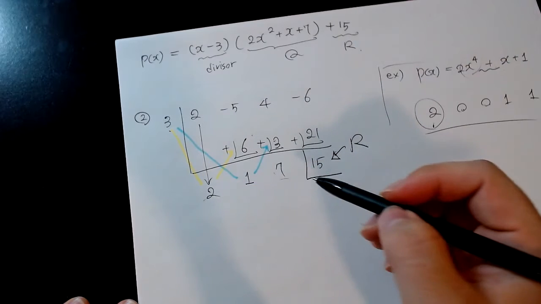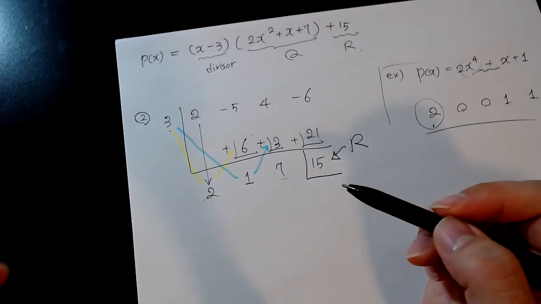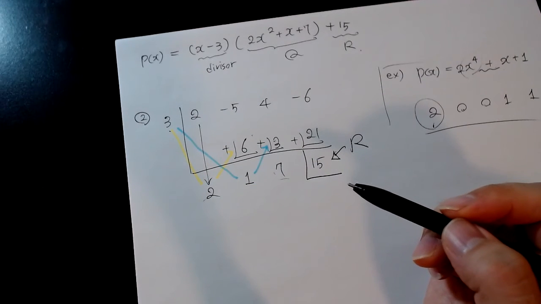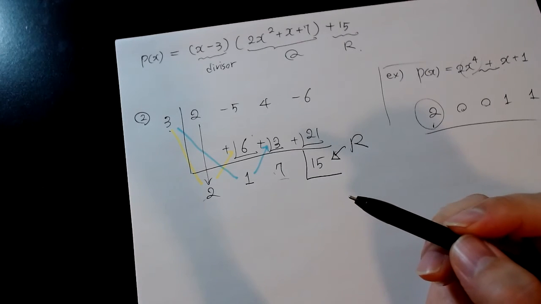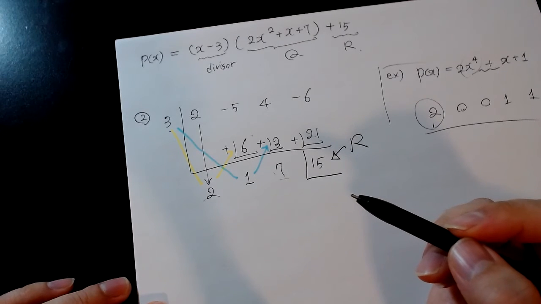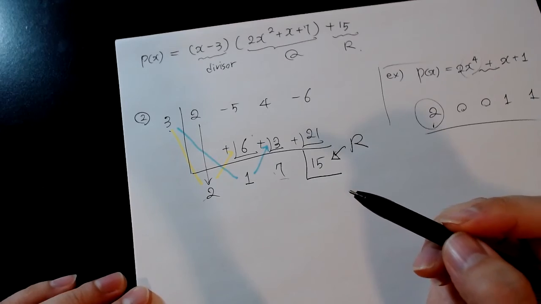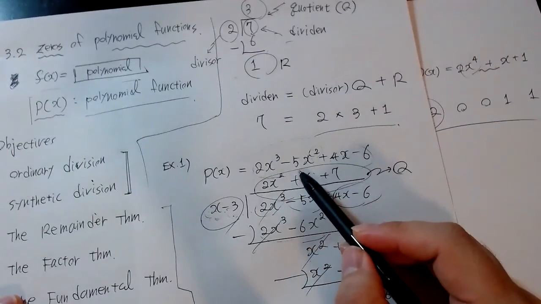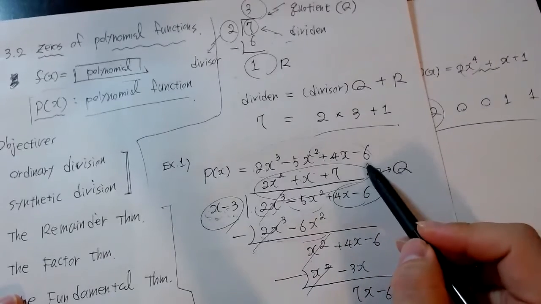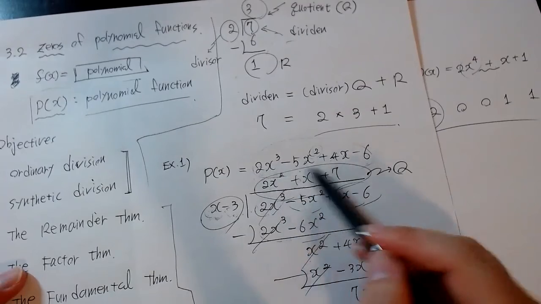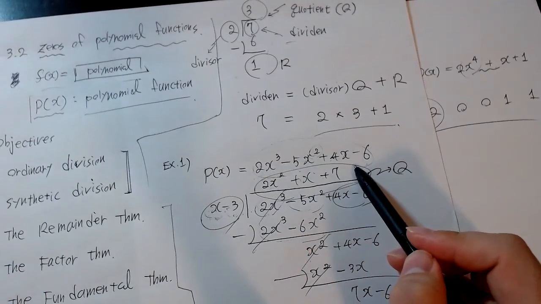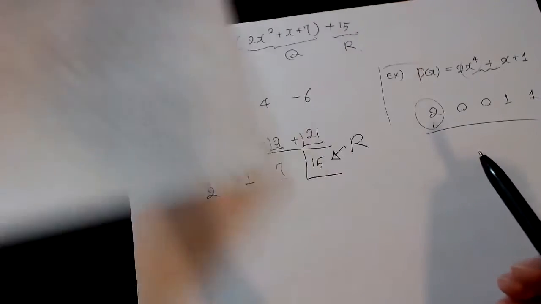What are 2, 1, 7? These are the coefficients of the polynomial whose degree is 1 less than the dividend. In this case, the dividend is 2x cubed minus 5x squared plus 4x minus 6, a cubic polynomial.